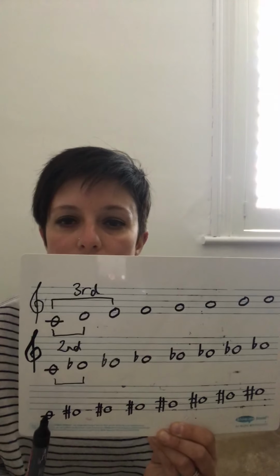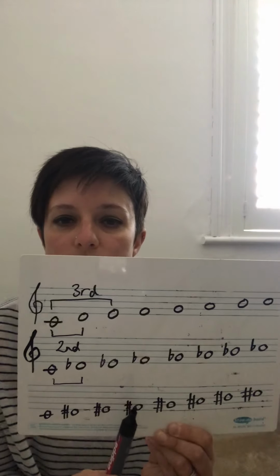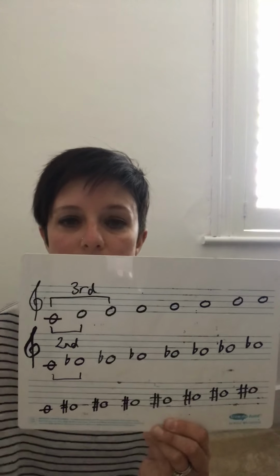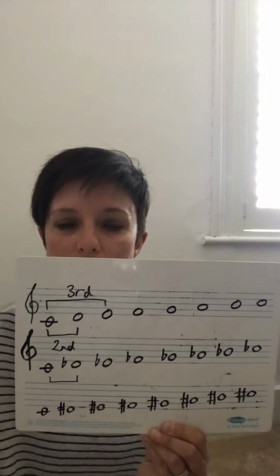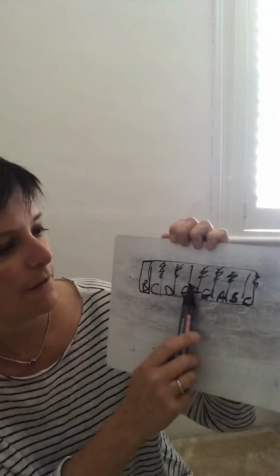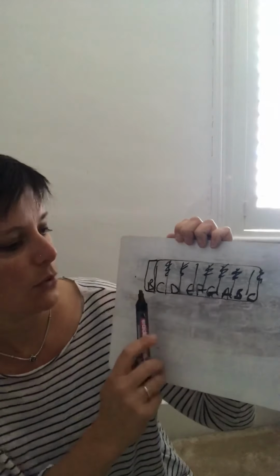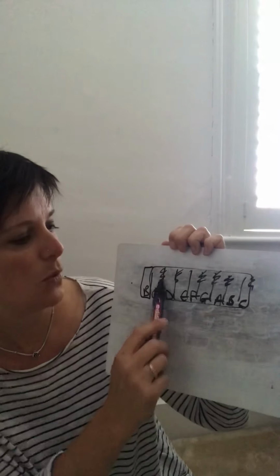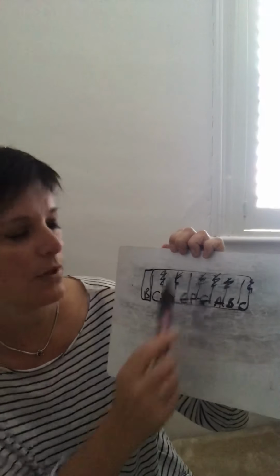There's another very special interval here. If we just go back to C to F sharp, or the same interval, C to G flat actually. This is also called a tritone, and it's actually 3 whole tones. If I show you on the keyboard, C to F sharp, or C to G flat, which is the same note, an enharmonic equivalent, is actually 1, 2, 3 whole tones, and therefore it was called the tritone.